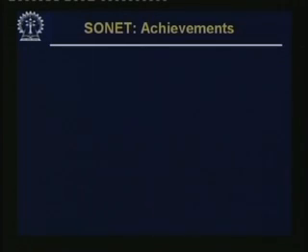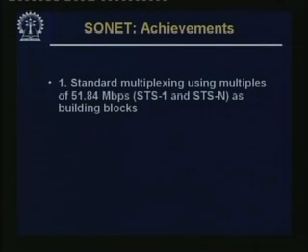Now, when SONET was introduced, it had a number of achievements to its credit. Firstly, it is a standard multiplexing using multiples of 51.84 Mbps, that is the STS-1 rate and STS-N. We will look at these rates. This was used as building blocks.